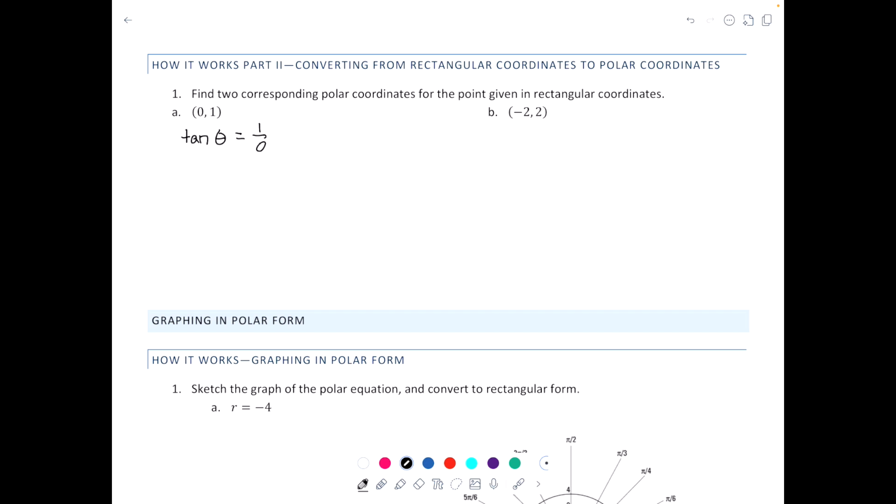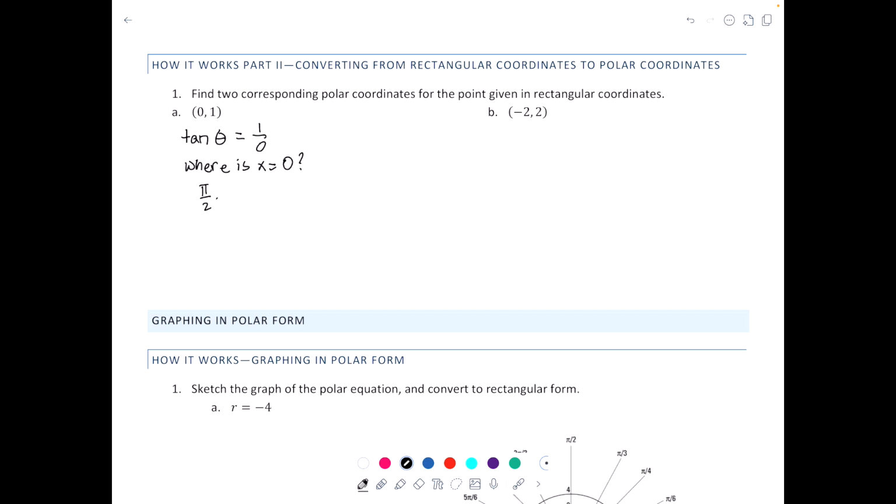Or where the trig function is undefined. Where is x equal to 0? Well, at pi over 2, right? And at 3 pi over 2, but since we have 0, 1, I'm saying pi over 2, all right?